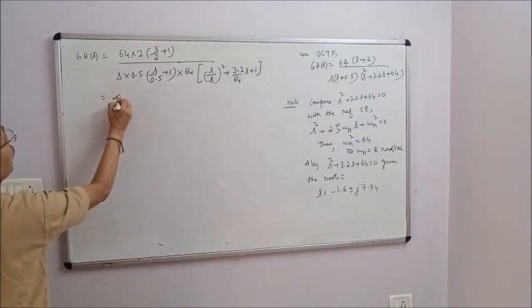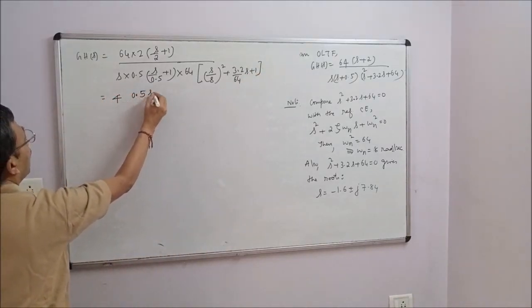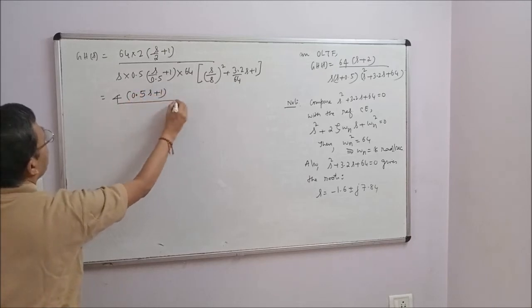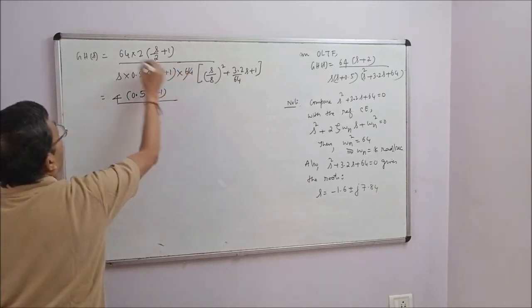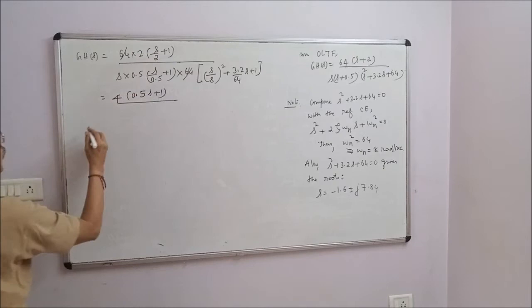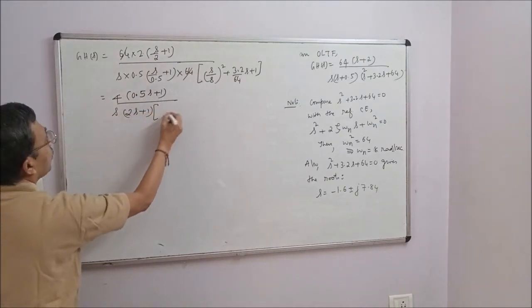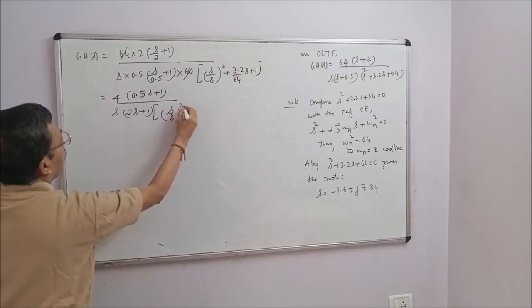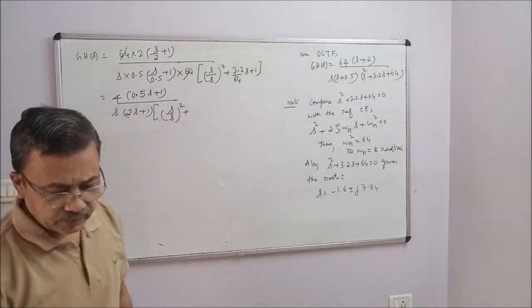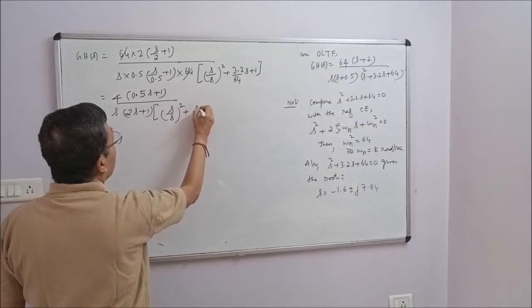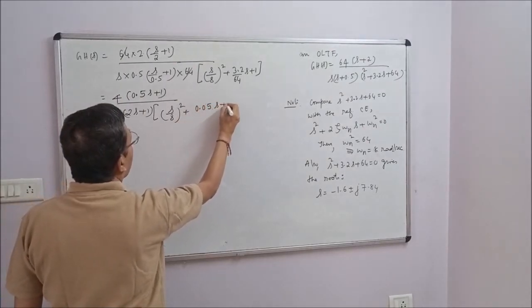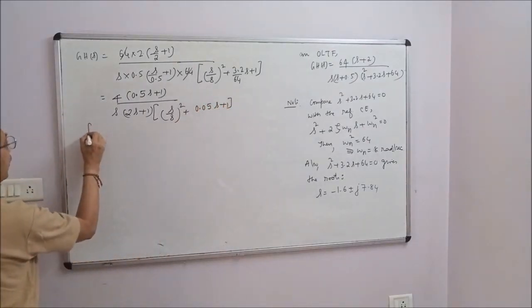This is nothing but 4 into 0.5 S plus 1 divided by, 64 gets cancelled, 2 by 0.5 is 4, S into 2s plus 1 into S by 8 whole square plus 0.05s plus 1.